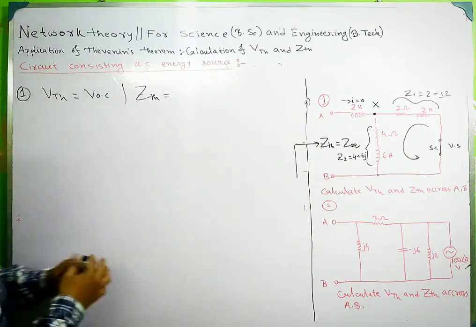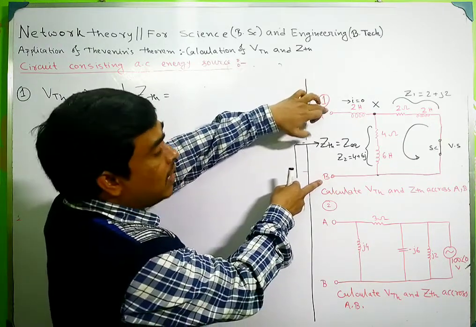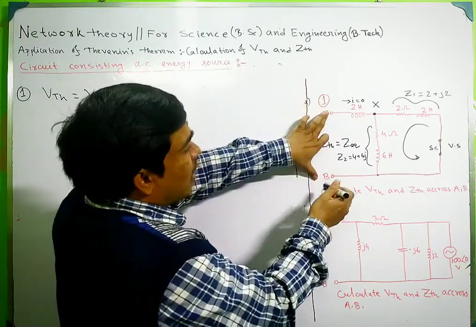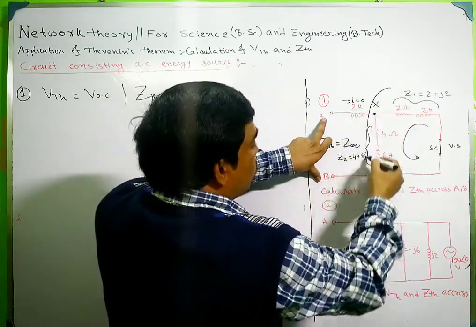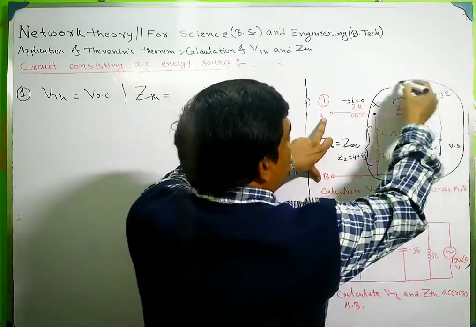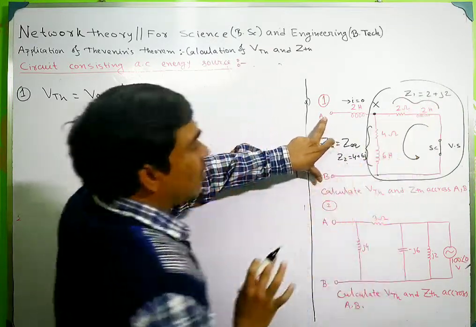So if you see this network from these two points A and B, this is one portion and this is another portion. That means Z2 and Z1, these are in parallel.